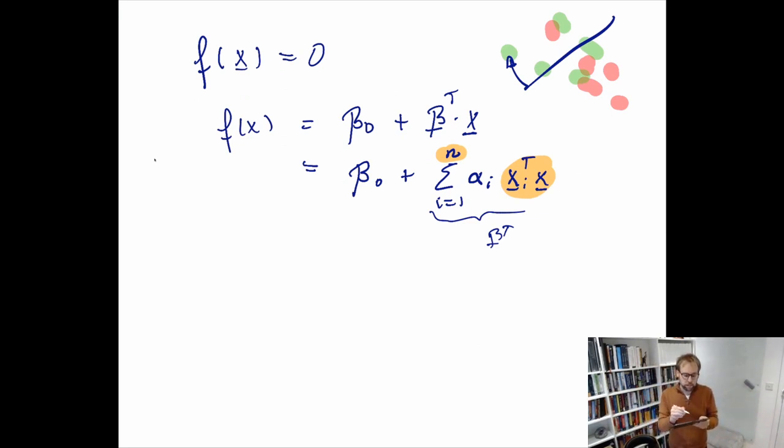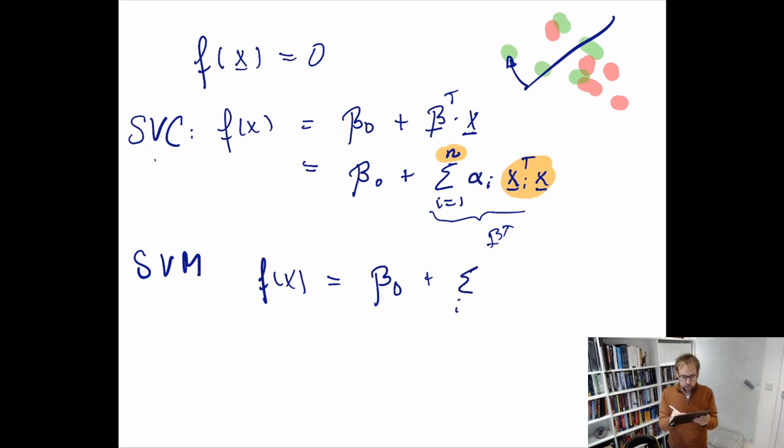Now, this is the support vector classifier, the decision boundary. If we go to the support vector machine, we take this f of x equal to beta 0. We have the same expression, but now we replace those vectors by this transformation.